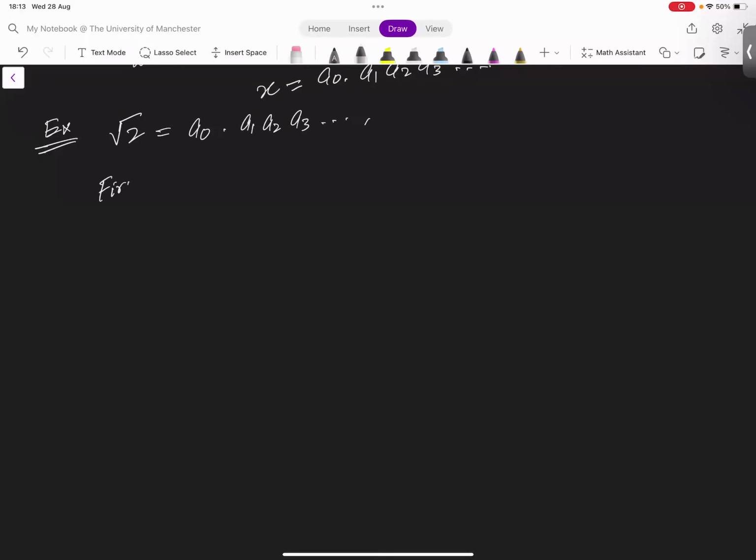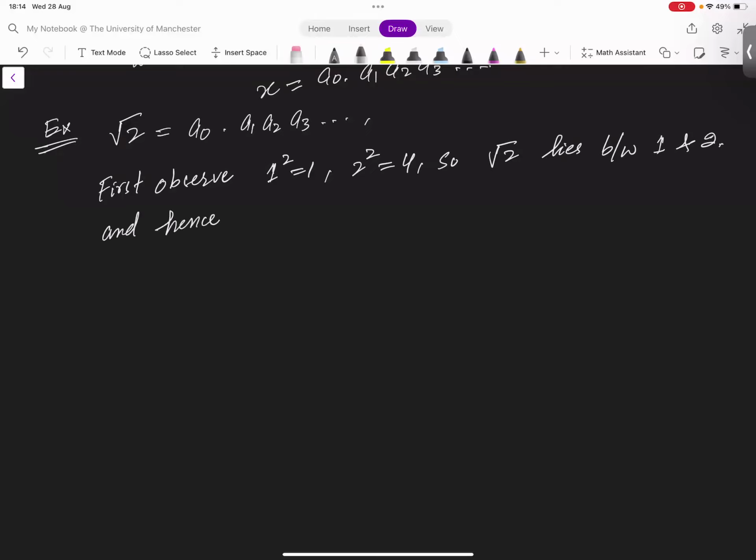First, observe that 1 squared is 1, 2 squared is 4. So root 2 lies between 1 and 2, sorry, and hence we know that a0 is going to be 1.